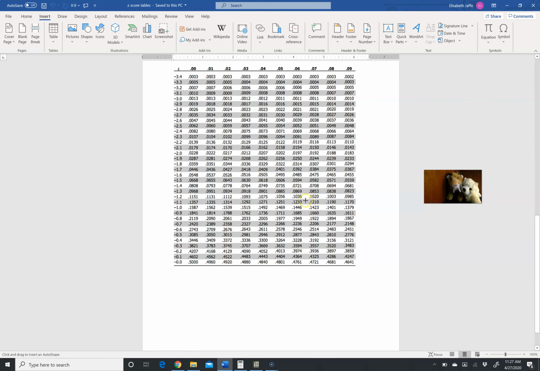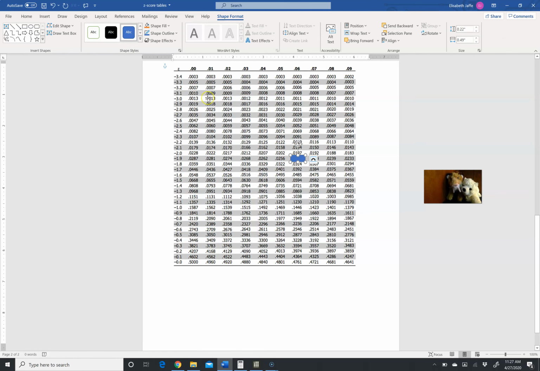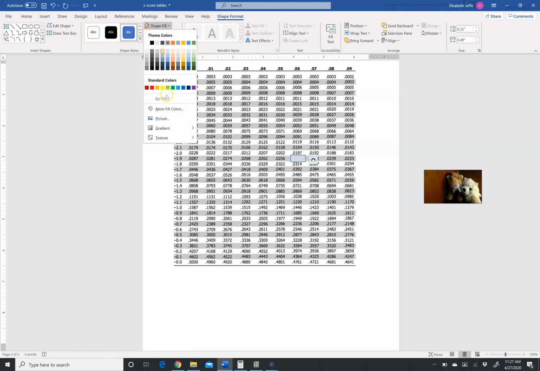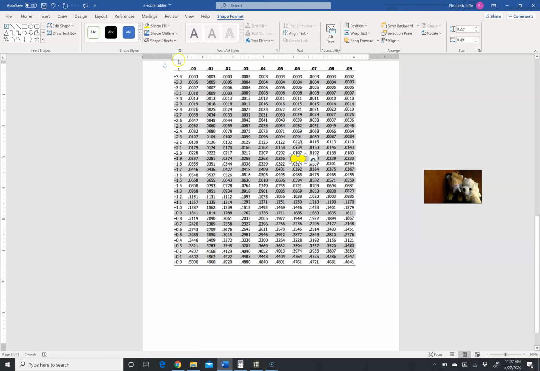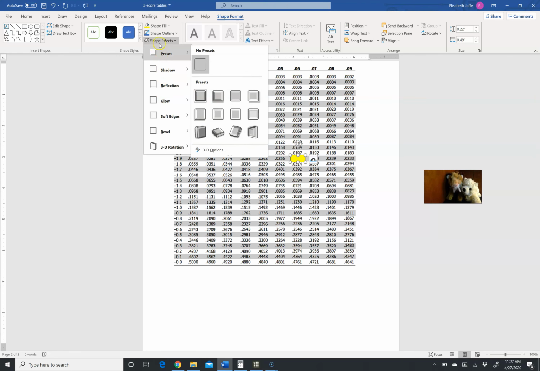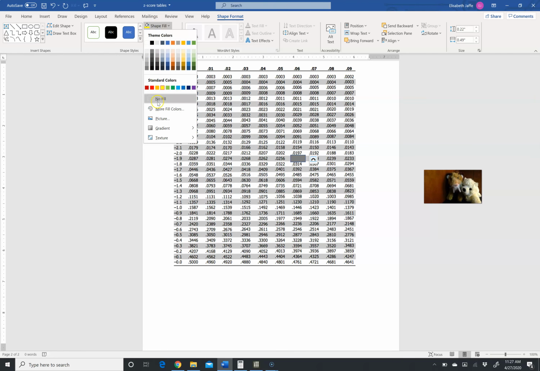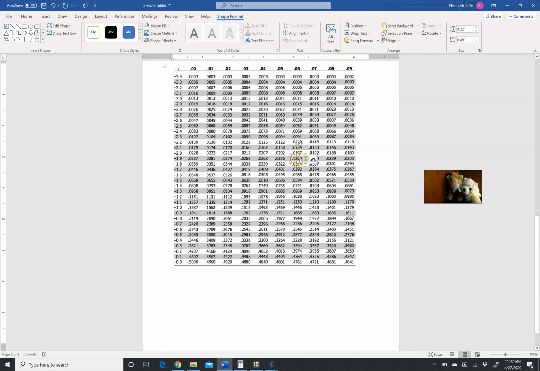0.025 is right here. That's where 0.025 is. Here's our 0.025.